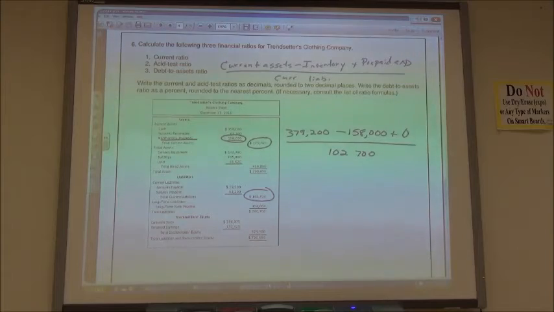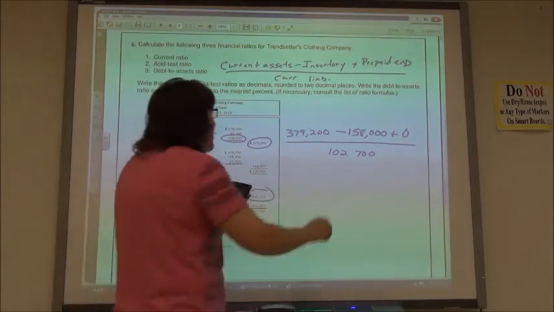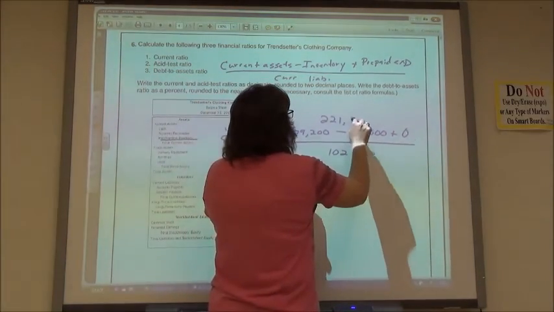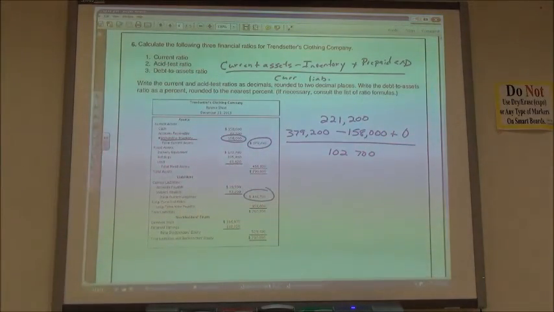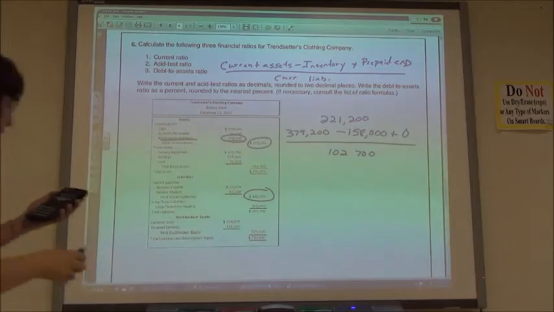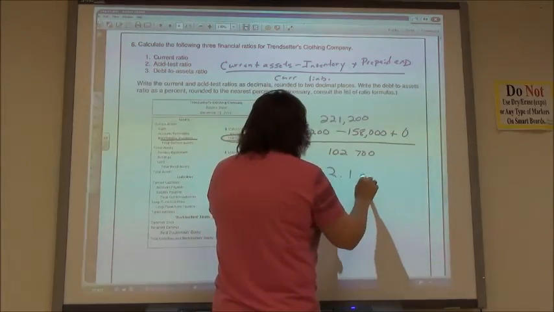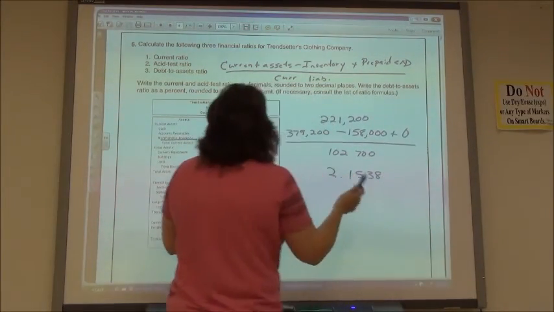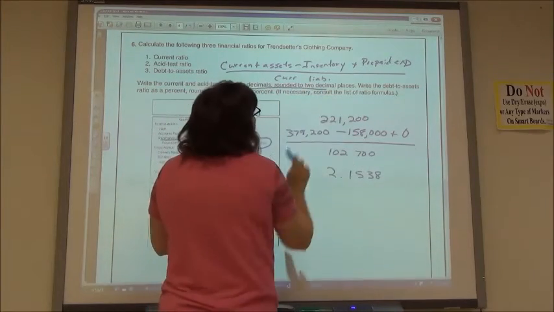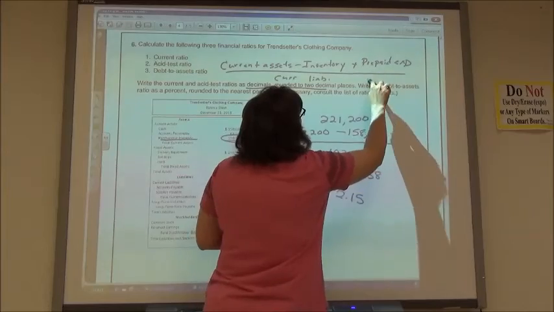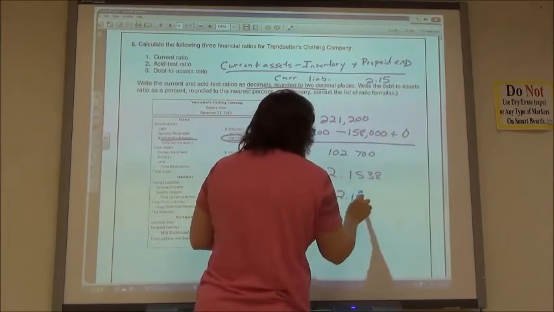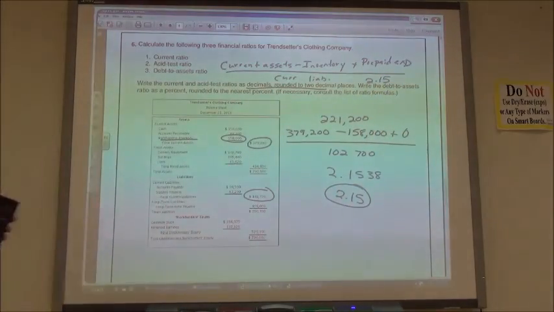And you wouldn't have to really do plus zero, but you could if you wanted to. $221,200. We're going to divide that by the $102,700. We get 2.1538, so forth. We're going to round it to 2 decimal places. Since there's a 3 behind it, we leave it alone. So 2.15 would be your acid test ratio.